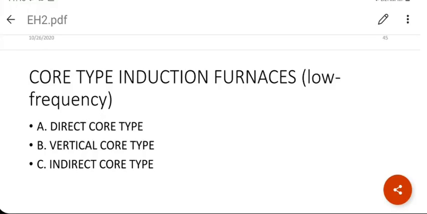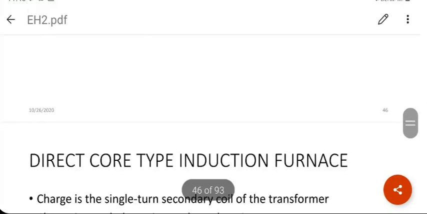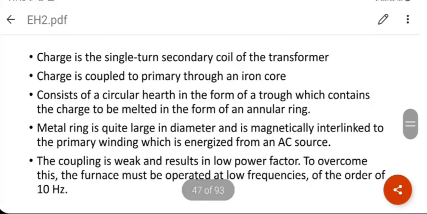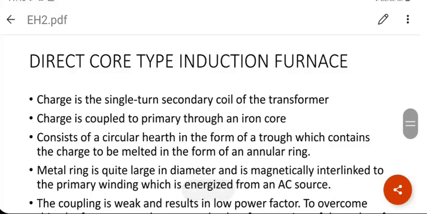This is all practical detail in designing things. Charge, meaning the material to be heated, is the single turn secondary coil of the transformer. Charge is coupled to the primary through an iron core. So we are talking about a core type of induction furnace right now.